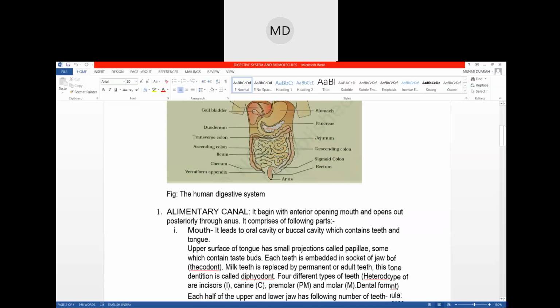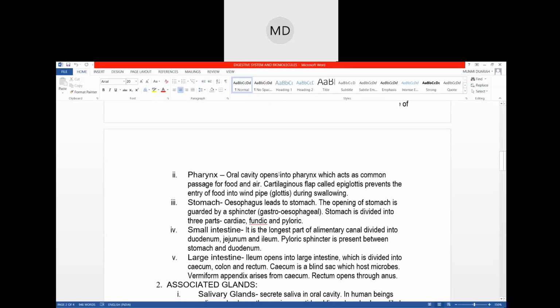The stomach is divided into three parts: cardiac, fundic and pyloric. You have to remember that, because it might be asked sometimes what the three parts of the stomach are, or to mention the divisions of the stomach.